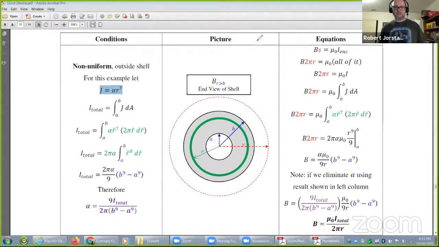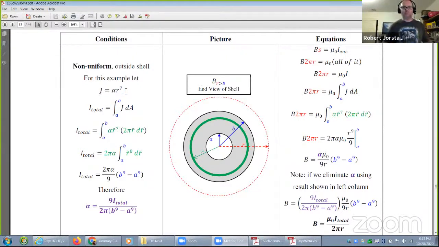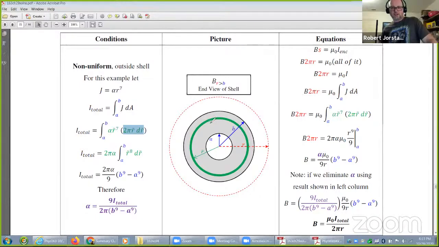Let me see here. So again, this was just some random thing I give you. We plug it in. You got a lower limit and an upper limit. This is the standard shell. That's the green shell area. So this shell area right here, that shell has this area.